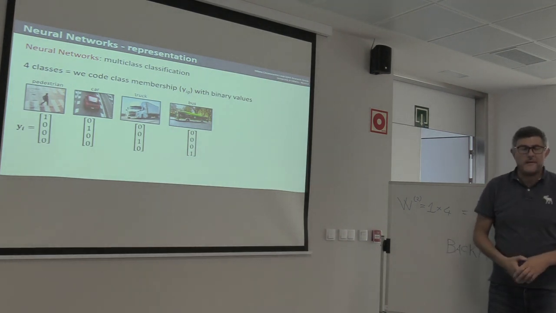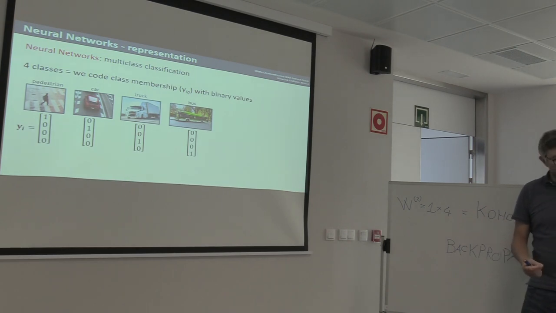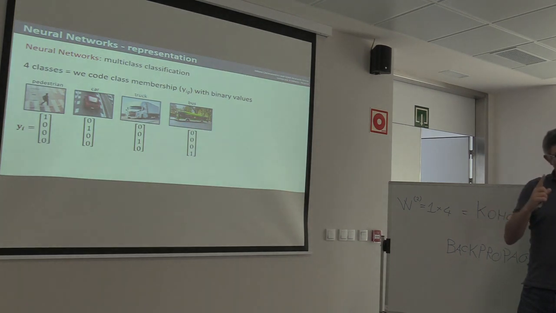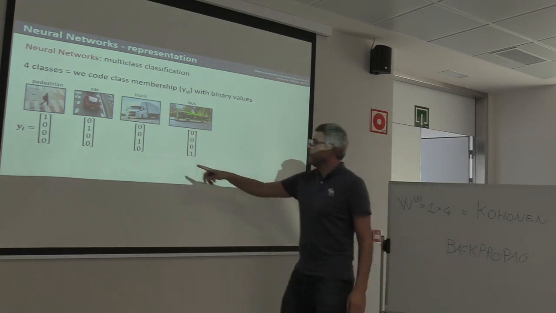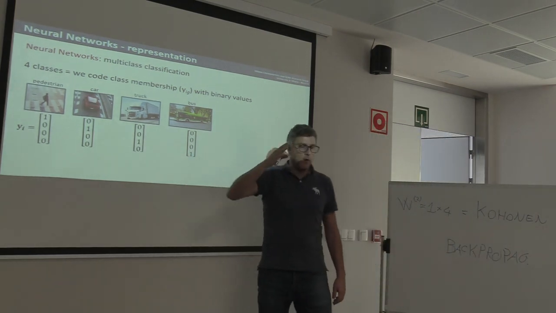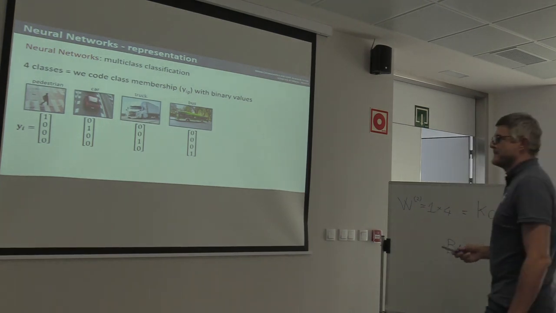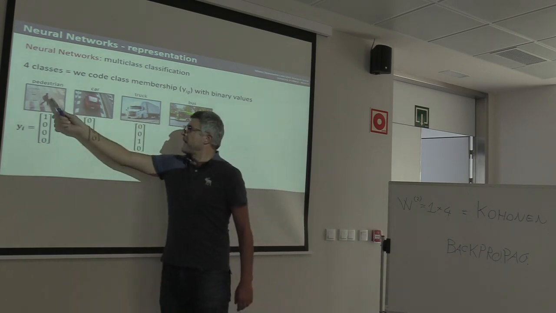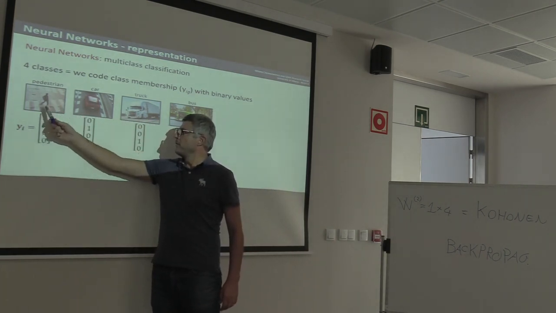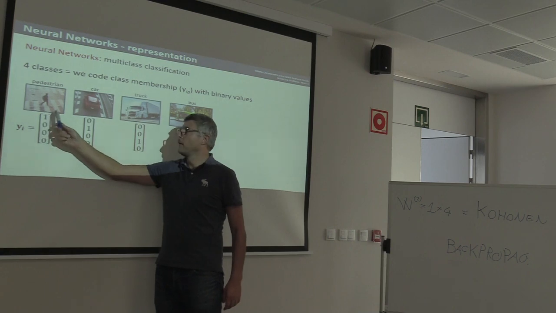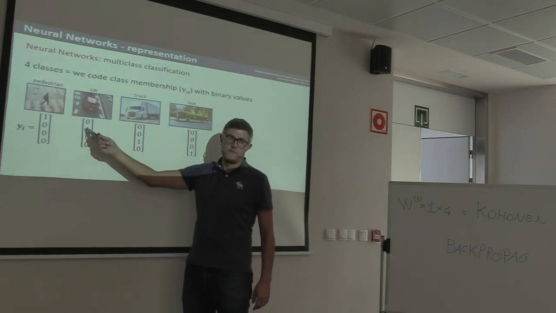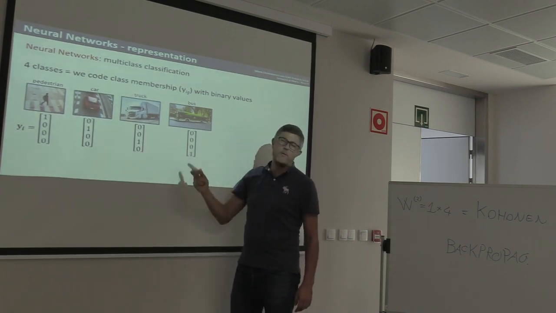If you have, I don't know, 10 classes, for each sample you need a vector with 10 dimensions, with just a unit value corresponding to the column of the class it belongs to. Is it clear? So if this is class 1, then all samples belonging to this class will be coded like this. If this is class 2, samples will be labeled like this, and so on for 3 and 4.